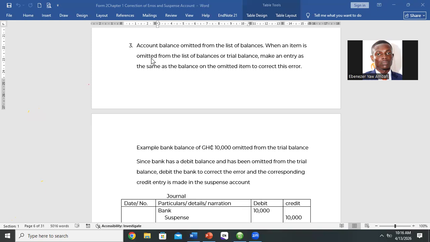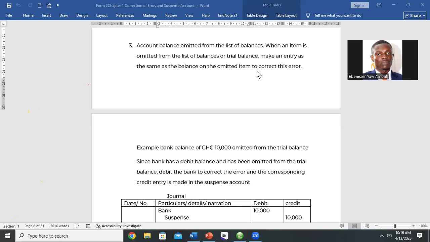Okay, so account balances omitted from the list of balances. When an item is omitted from the list of balances or trial balance, make an entry the same as the balance on the omitted item to correct this.